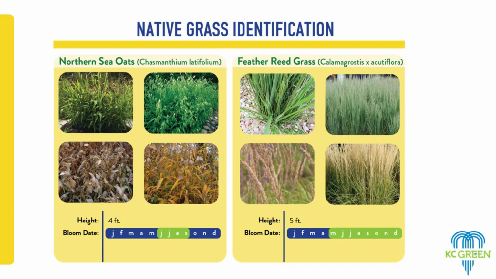So the grass on the left, northern sea oats. Another one of our native grasses. It can be very useful because it has a little more of an aggressive seeding habit. You see it has some very showy seed heads here that right now have formed in green, but will take on that tan color as we get into late fall and winter.